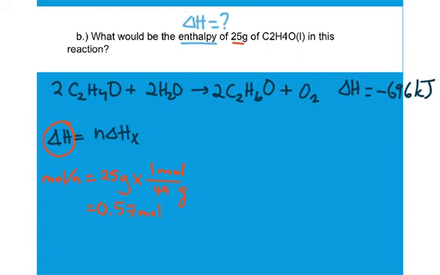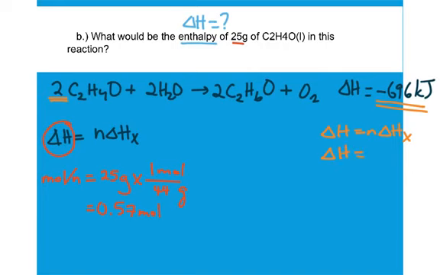All right, now to figure out the delta HX. We actually did this when we did our method 3 in representing enthalpy. If we have a look at this balanced equation, we have 2 moles of C2H4O making negative 696 kilojoules. So if we actually do a second formula here, we can rearrange.